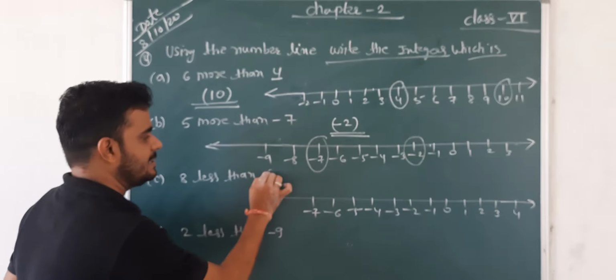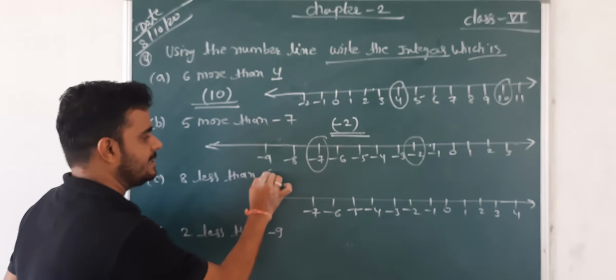Less than means left hand side. More than means right hand side. Just see properly. Less than means left hand side. How much? 8. 1, 2, 3, 4, 5, 6, 7, 8. So your third answer is negative 5.